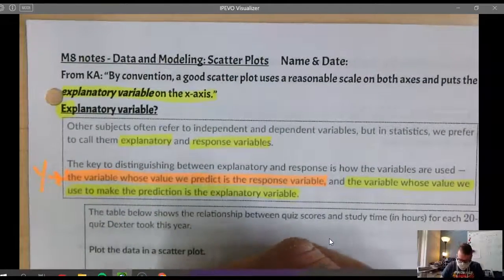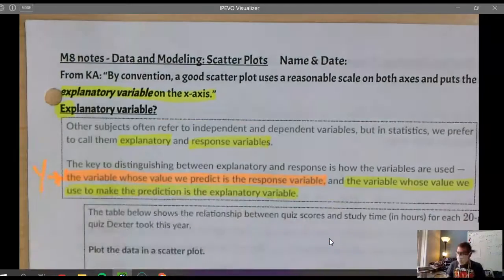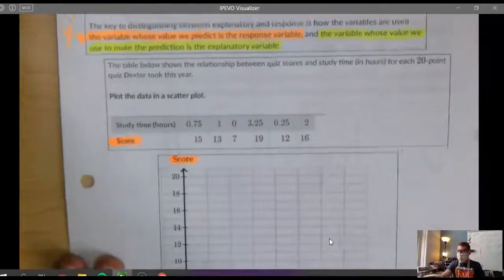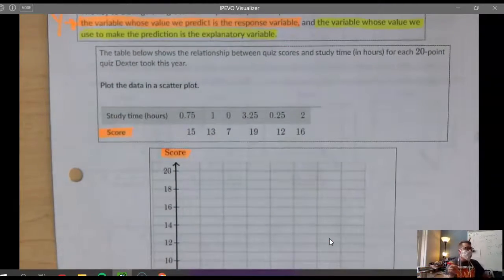So, in the situation down below, the score is our response. We're not saying the score is determined by or dependent on studying. Like, do you have to study to get a high score? No. But might studying cause the response of a higher score? Yeah, might.